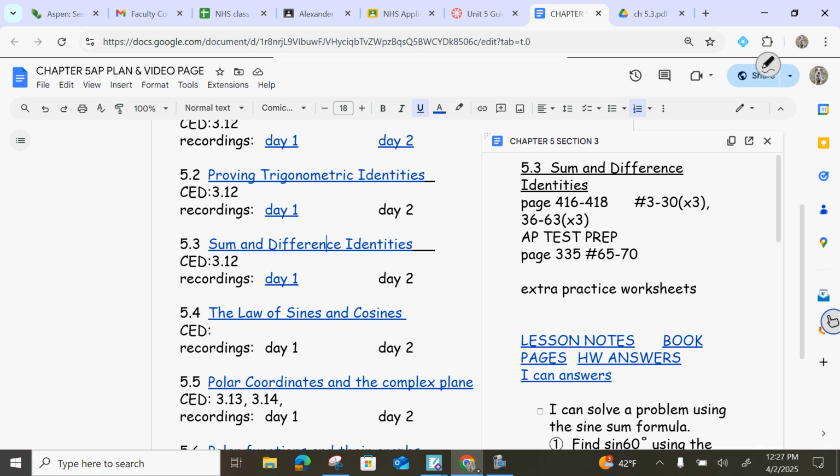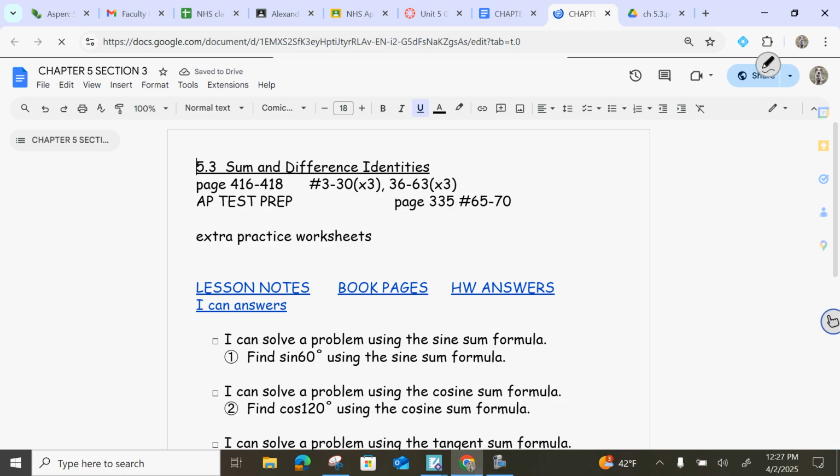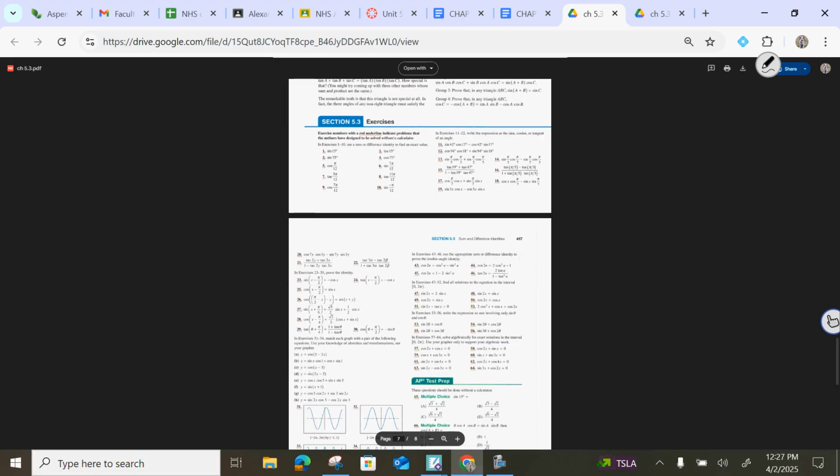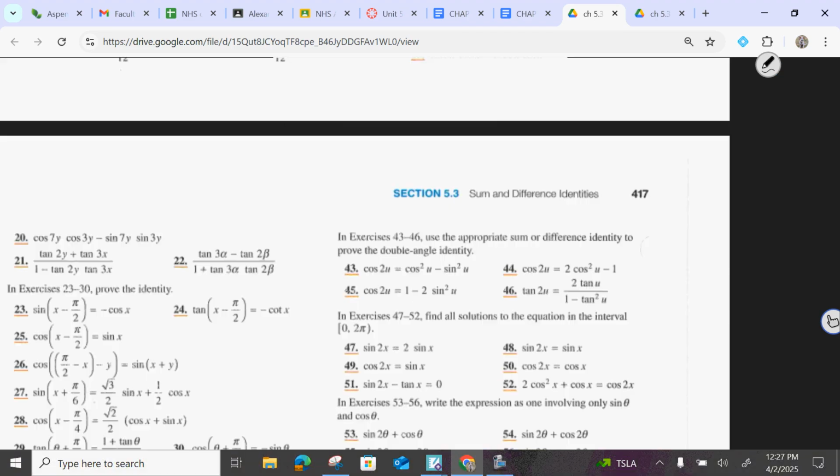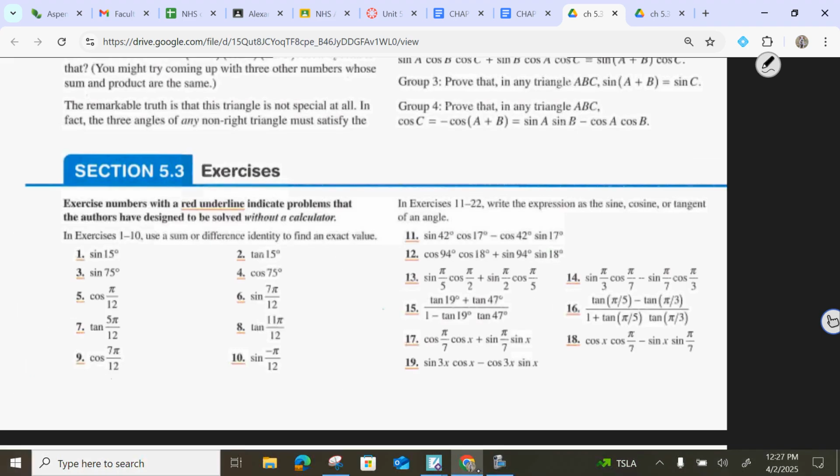As I said earlier in the class, you could do up to 46 or so, and it would be a good idea to work on some because it does get a little long. If I look at the first page, the ones on the left are everything that we've done so far. Sum, difference, sine, cosine, tangent.